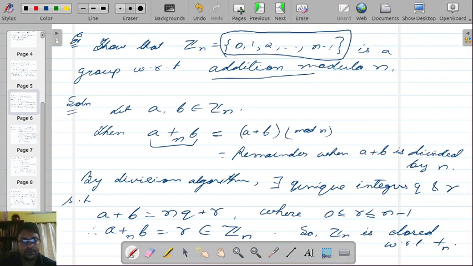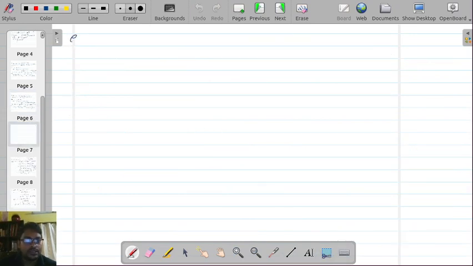So if in your exam you are asked to show that Z5 is a group with respect to addition modulo 5, you can do it in the general way, or you can do it using a composition table. Just the associative property you have to do this way.